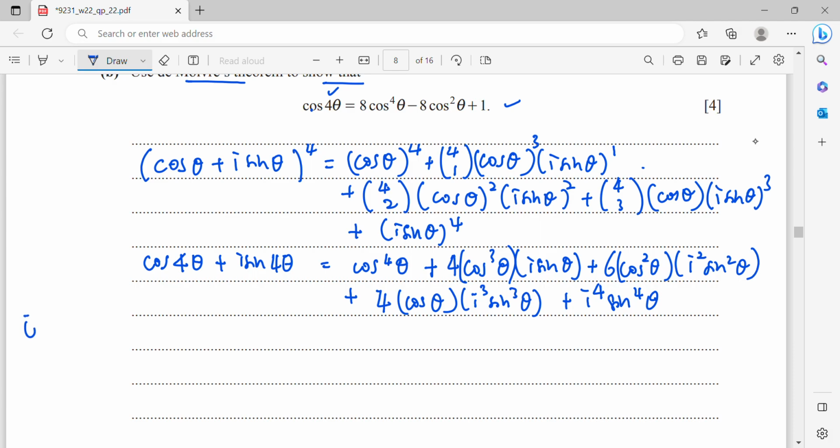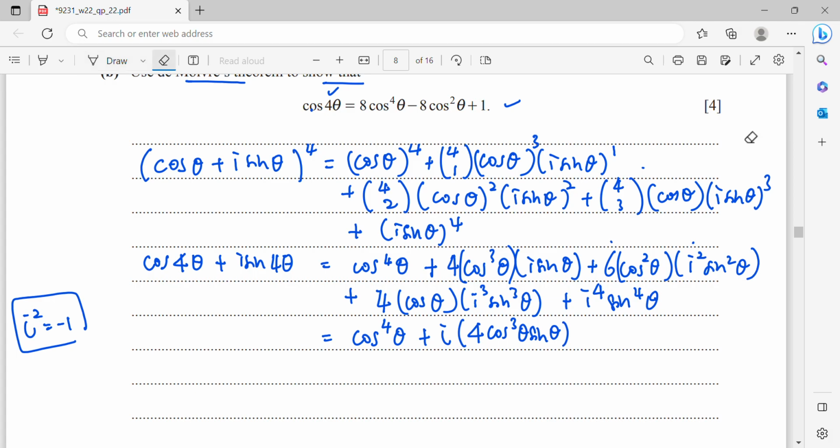Now, okay, you need to simplify. i squared is basically minus 1. So now for the right-hand side, cos^4 theta plus, I may factorize i first. So 4 cos^3 theta sin theta, plus the i squared is minus 1. So minus 1 times plus 6, it will be minus 6 cos^2 theta sin^2 theta.